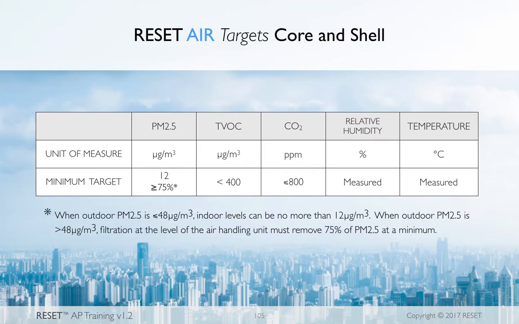Now, you might be wondering about those other pollutants that were mentioned, formaldehyde and ozone. How come those aren't included in the Reset requirements? That's a great question. We wholly recognize the potential harm these pollutants can have on both people and the environment.